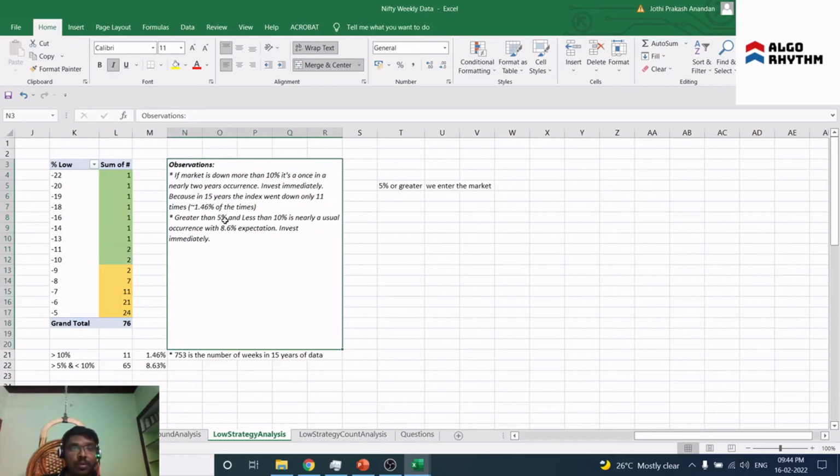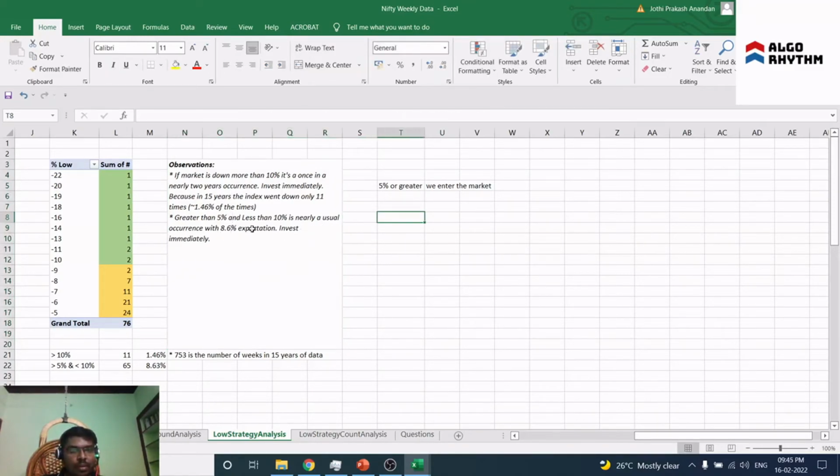You have to invest a lot in order to catch the lows. And 5 to 10 percent will most probably occur nearly once in 10 weeks. So you have to be very cautious in order to get the most out of the result.